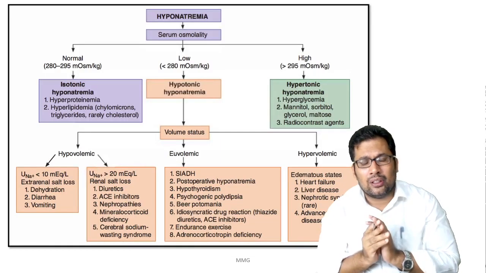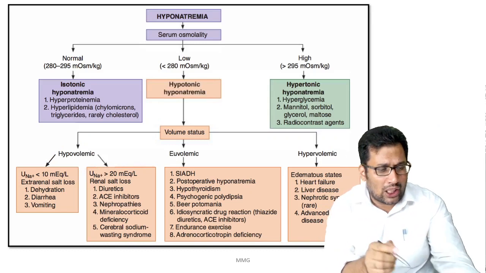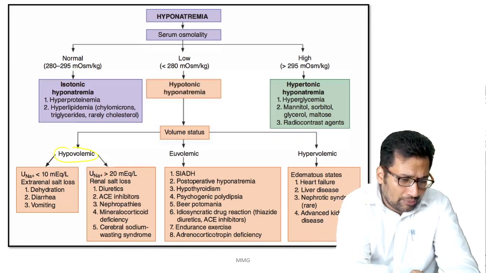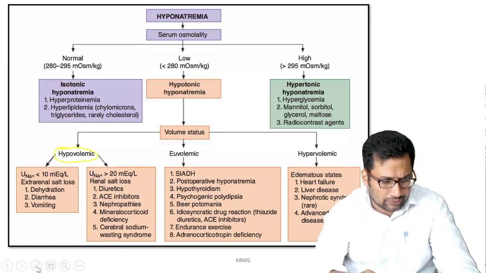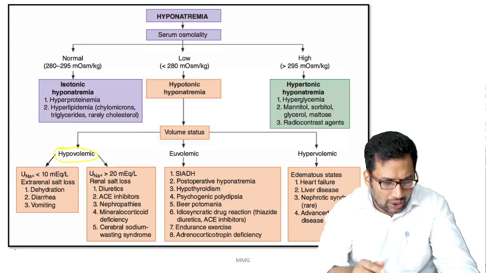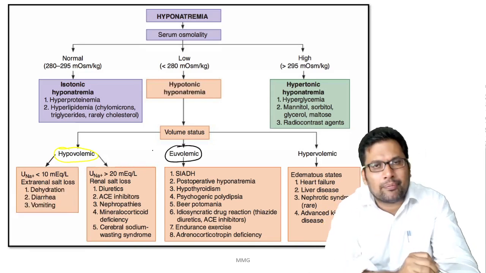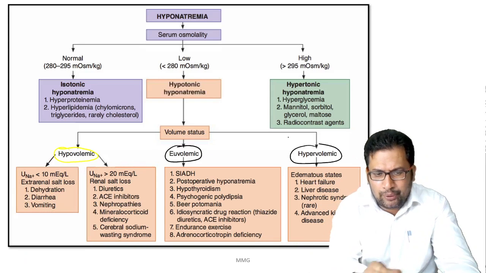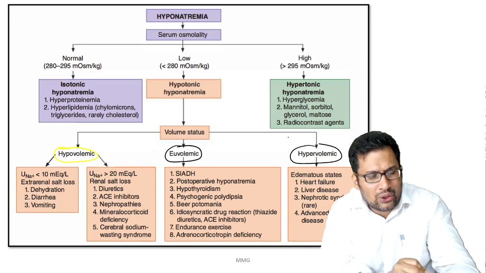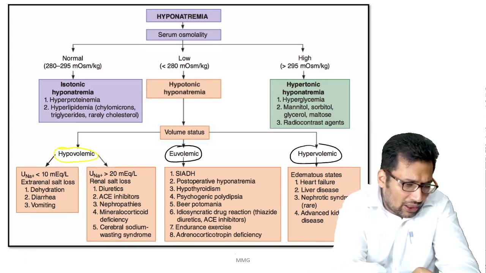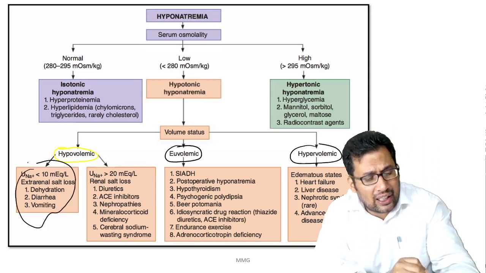Hyponatremia is classified into hypovolemic hyponatremia, euvolemic hyponatremia, and hypervolemic hyponatremia. Causes of hypovolemic hyponatremia are dehydration, diarrhea, and vomiting.